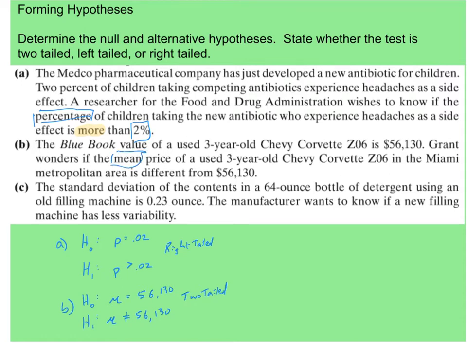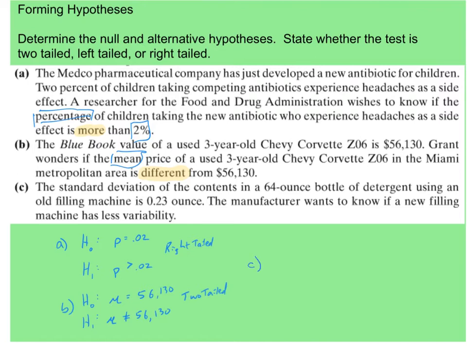Well, there's the word mean price. Anywhere else that they talked about the mean price? No, they did not. So that's the one keyword that tells me that we're talking about means in part B. And then how did I know that it was two-tailed? Well, there was one single keyword indicating that it's a two-tailed test: different. Not more than, not less than, just the word different indicates that our test is two-tailed.